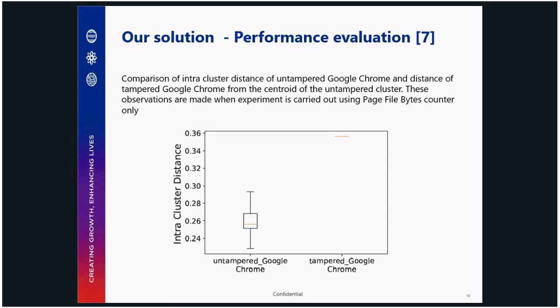It is far from the centroid, so that shows that even using the microarchitectural events, the performance counter data, we can observe these particular differences. We have used page file byte counters in this.